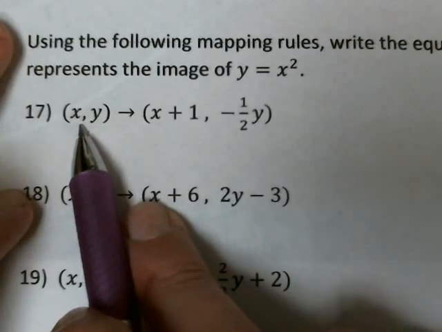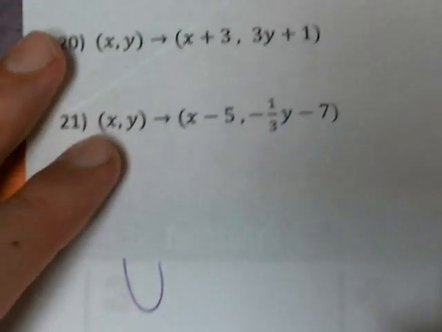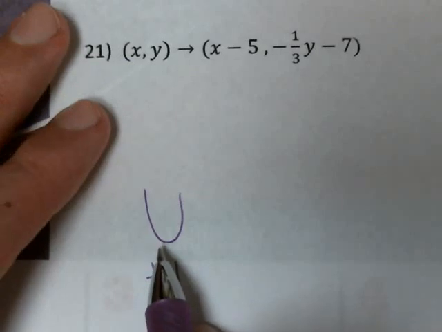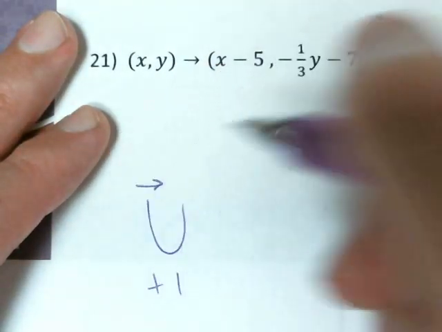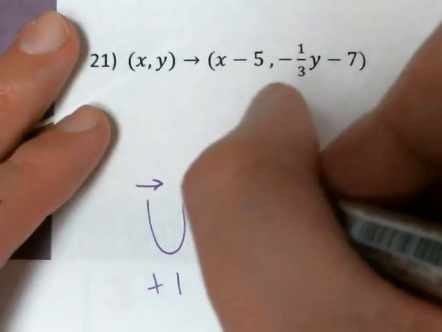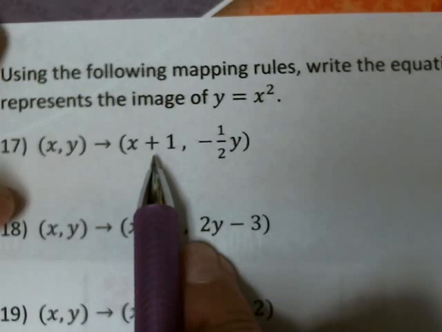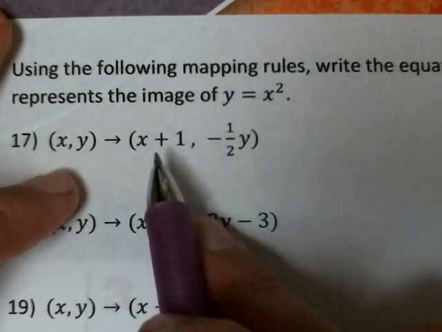Okay, so if I take my x comma y, if I add 1 to it, that basically means I'm taking my parabola and I'm adding plus 1. I'm taking all of my x values, every single one of them, and I'm adding 1. So everything, I'm adding 1 that way. Every single point I'm adding 1. But if I'm adding 1, remember that it's x minus h, so it's the reverse.